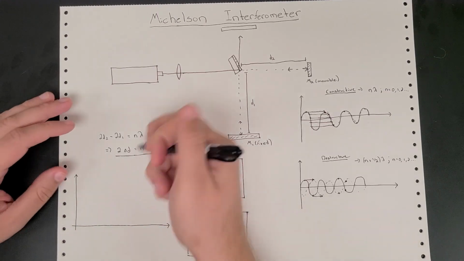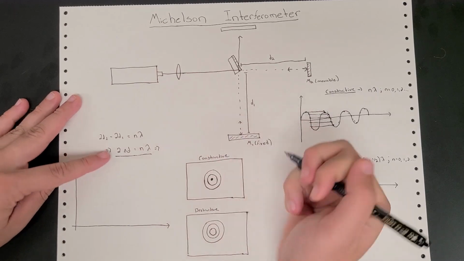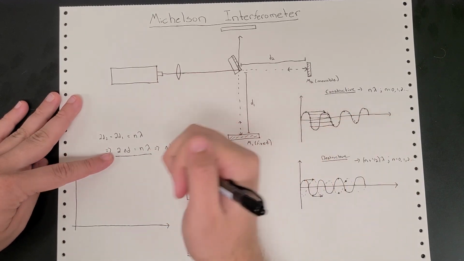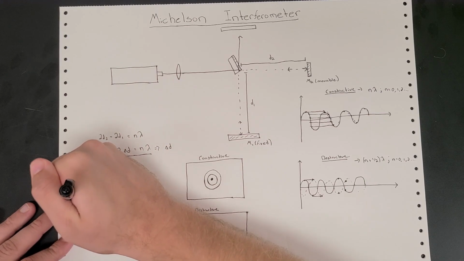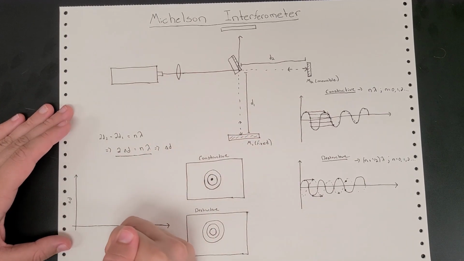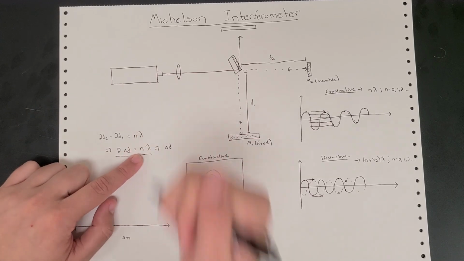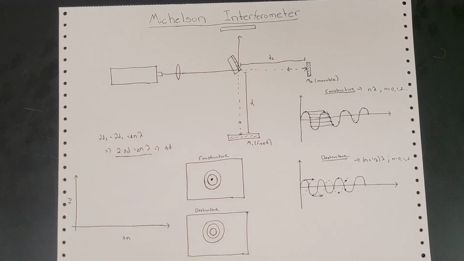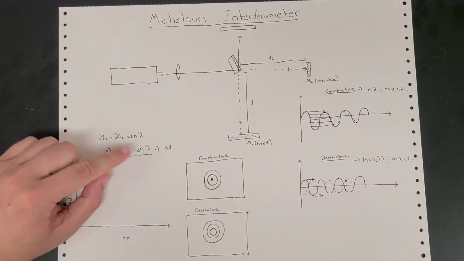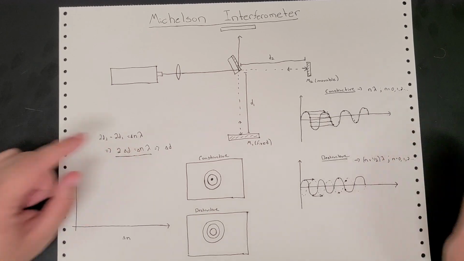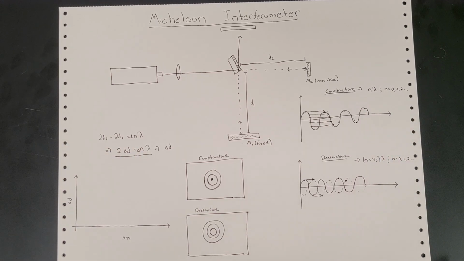If we put this into linear form, we have delta d as our y on the y-axis, and our x-axis is going to be the change in n. Actually, this should be the change in n, because it's the change in these two phases that we're counting at different points.